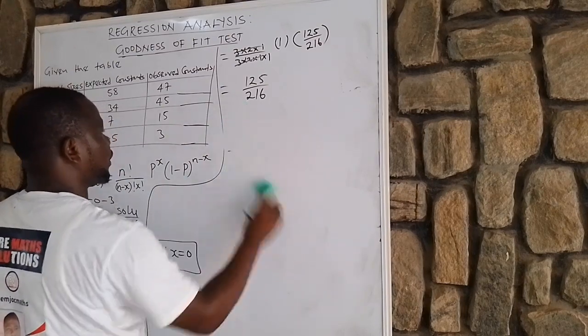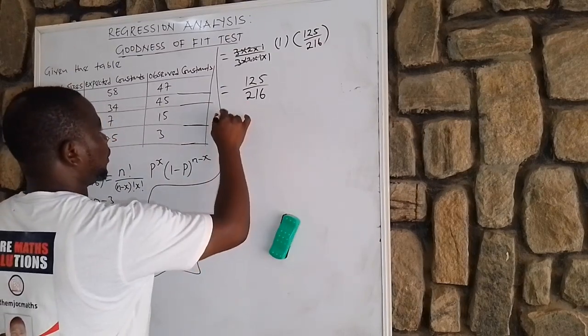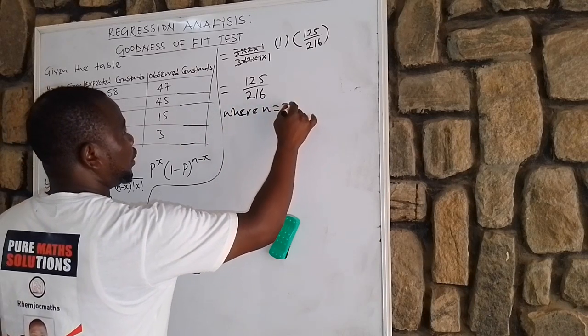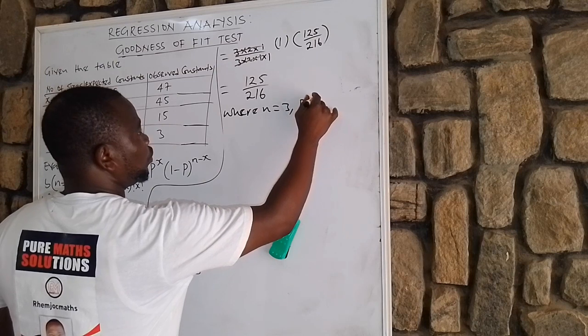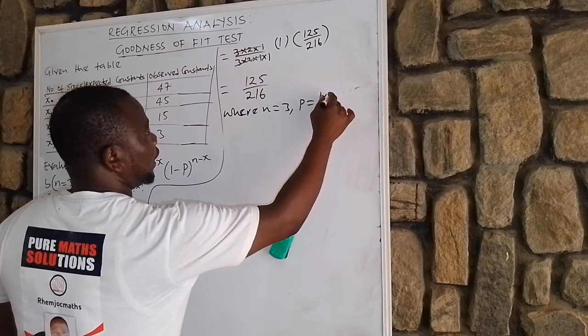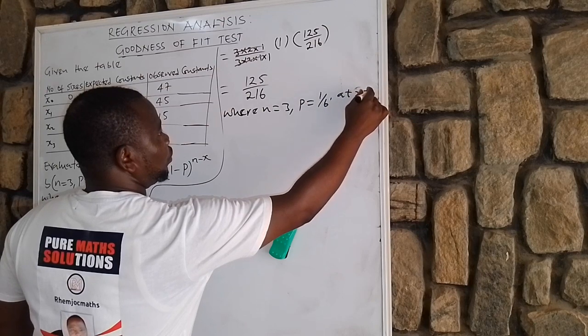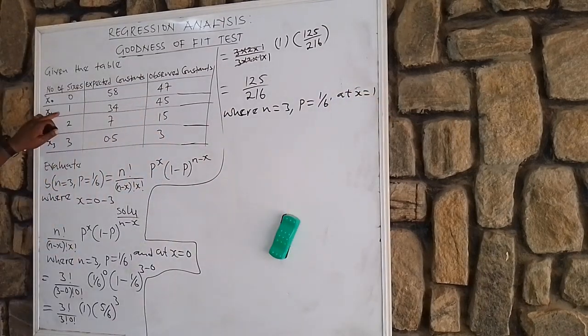So now, for the sake of clarity, let's do it this way, where n equals to 3, p equals to 1 all over 6, and at x equals to what? 1, isn't it? x is equal to 1.